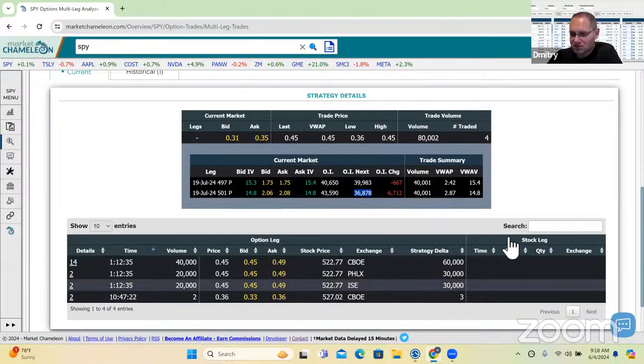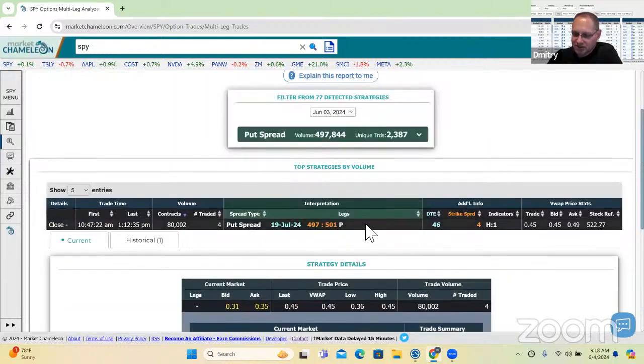So the idea there is, if I'm looking at this put spread and I want to run it through an analysis, a payout diagram, a theoretical value, look at the historical chart, just to go from this screen and have it set up to make it easy, with a click.